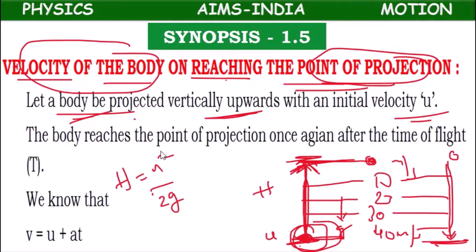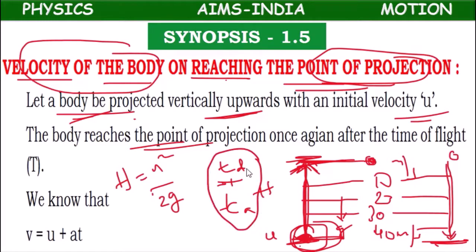The body reaches the point of projection after how much time? While going up, time of ascent. While coming down, time of descent. The total of time of ascent plus descent is called time of flight.